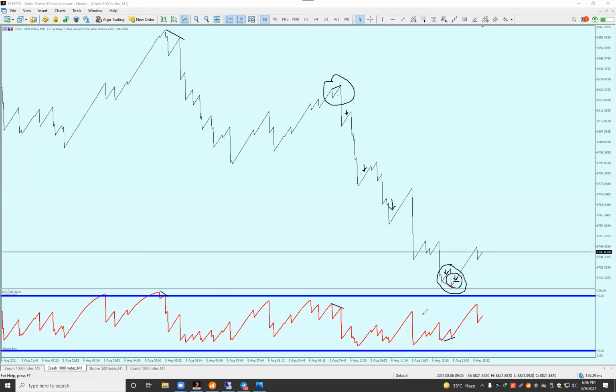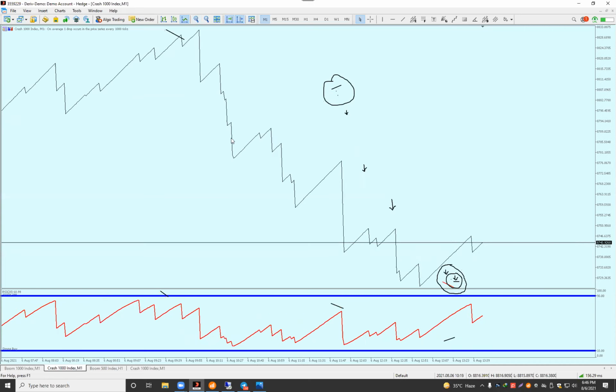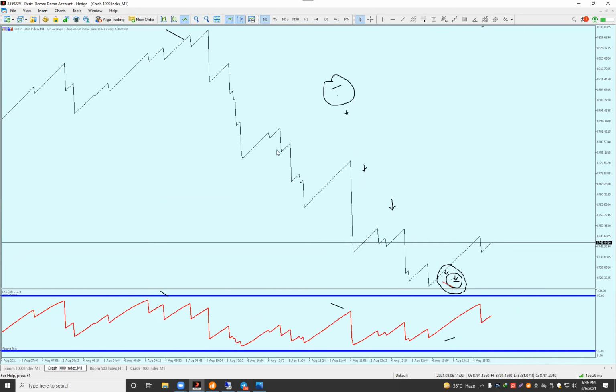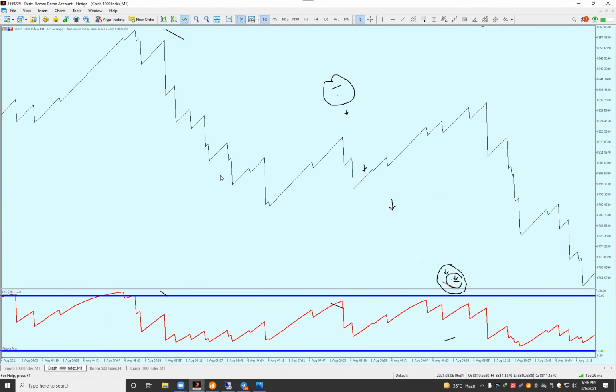No. We will ignore this one. Here, it is very similar. Where is it? The price moved down, down, down. Okay. You just need to think here.